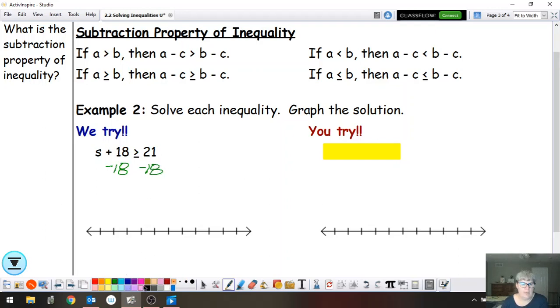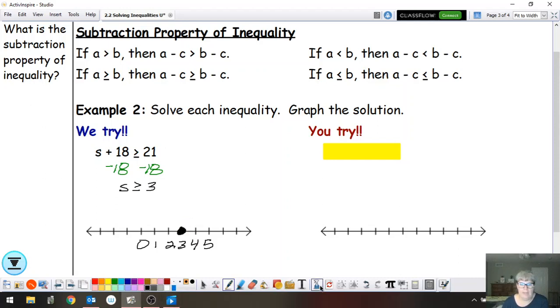So we're going to have s is greater than or equal to 3. So to have some numbers on my number line, it's equal to 3, so I want to have a solid or filled in circle on my 3.